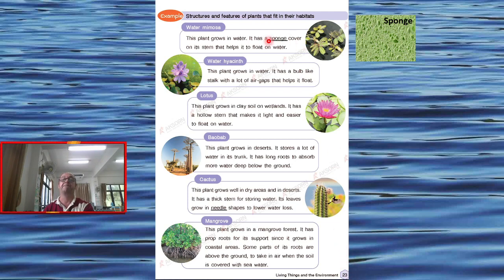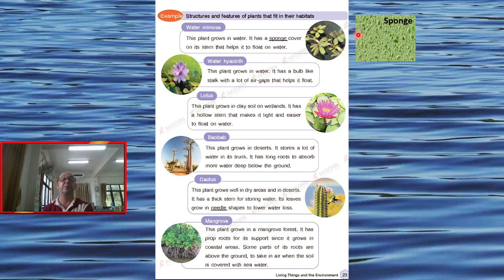So the sponge helps it to float. What is a sponge? Well, this is a sponge, or a close-up sponge.